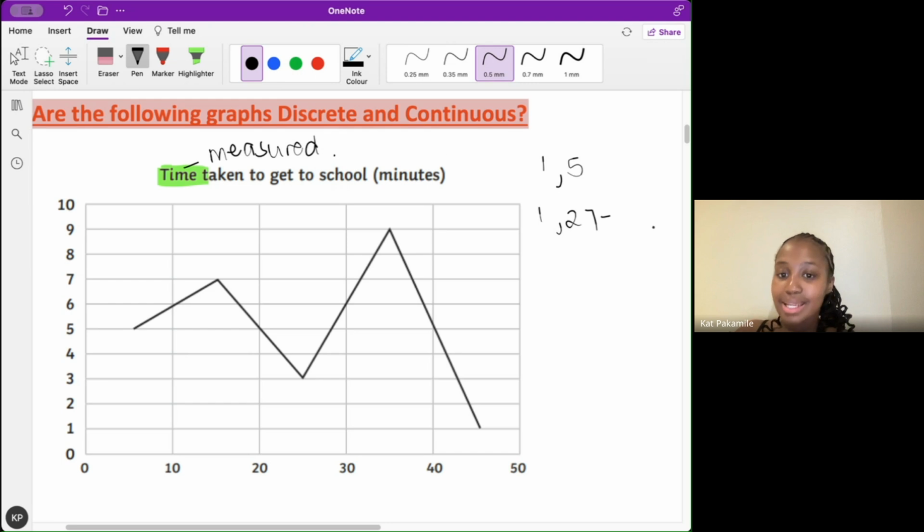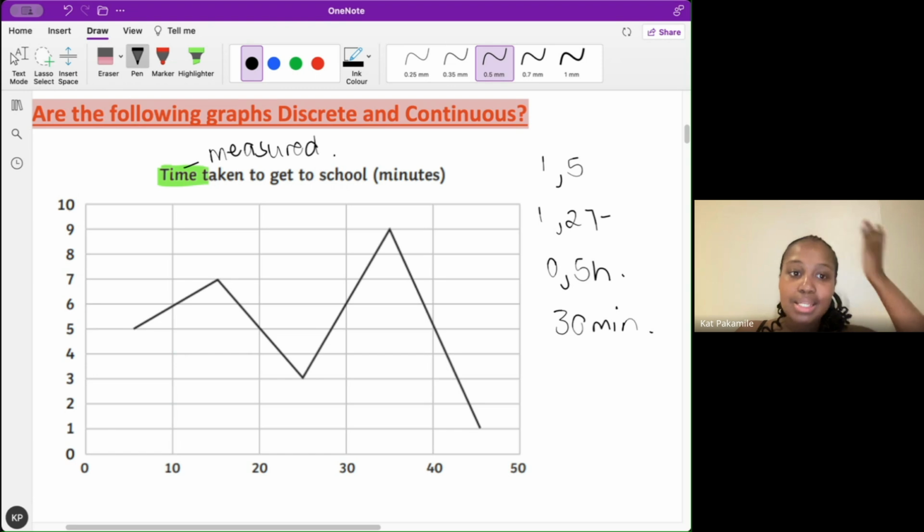There can be decimals in time. If I say to you 0,5 hours, what does that mean? What does 0,5 hours mean? It means it is 30 minutes. Do you see that it's half an hour or 30 minutes? It is a decimal, but it makes sense.